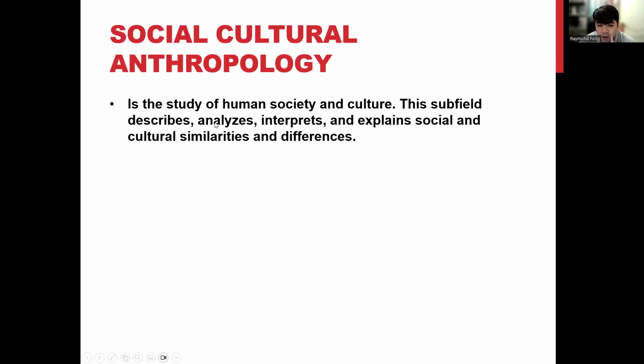So social cultural anthropology is the study of human society and culture. This subject describes, analyzes, interprets, and explains social and cultural similarities and differences. It's pretty straightforward, right? It studies society and studies culture.